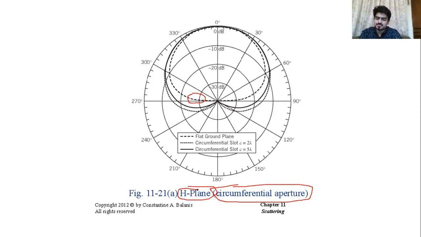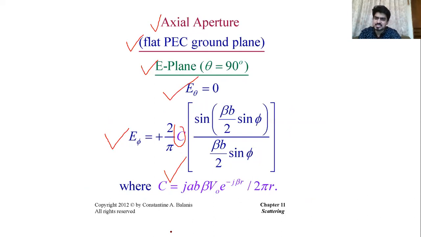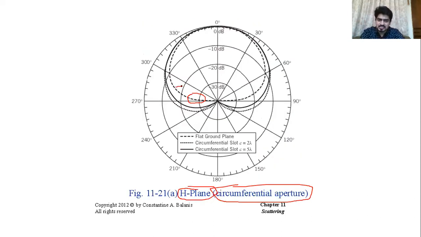So E vector is parallel to edges of your aperture. If you look at here, I'm talking about these two edges in the horizontal plane. E vector is parallel to those two edges. As a result of that, you can see that here towards the grazing angle also, you don't have that much radiation in the H plane, even for the infinitely large PEC structure, right?